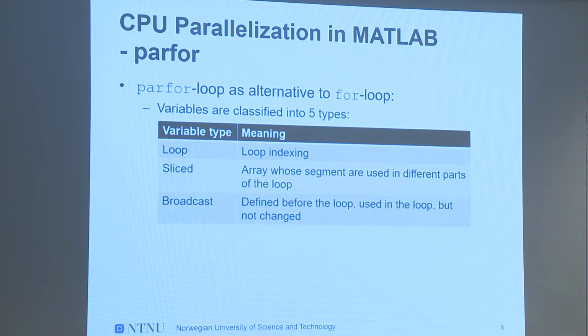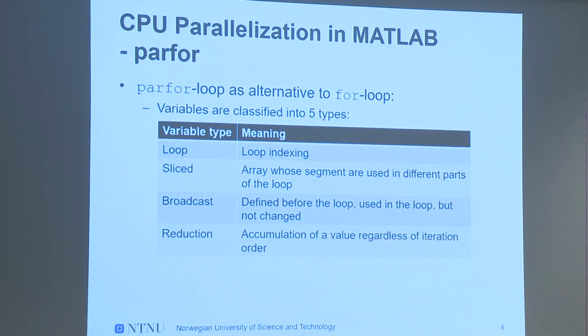Then you have broadcast variables, which are variables broadcast to all the loops. If you do not do slice variables correctly, you end up with a broadcast variable, and then you have communications overhead, which drastically slows down the calculations. So that is something where one really has to be careful.